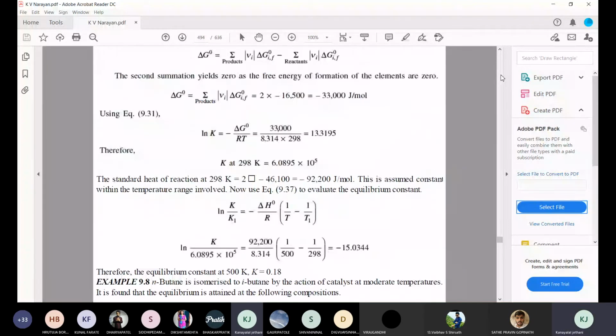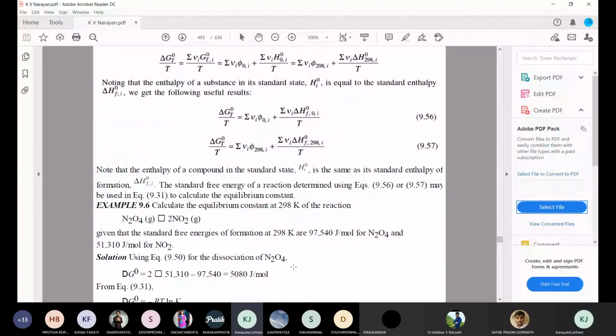Okay. So calculate the equilibrium constant at 298 Kelvin for the reaction N2O4 decomposes into NO2, given that the standard free energy of formation at 298 are this much for N2O4 and this much for NO2.